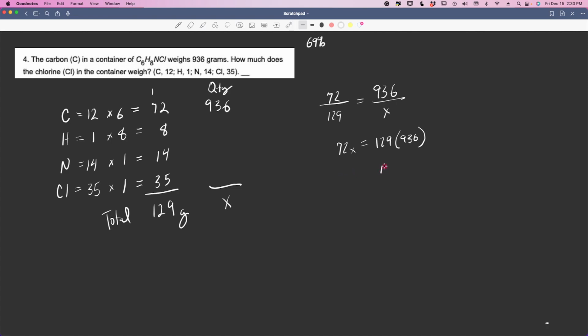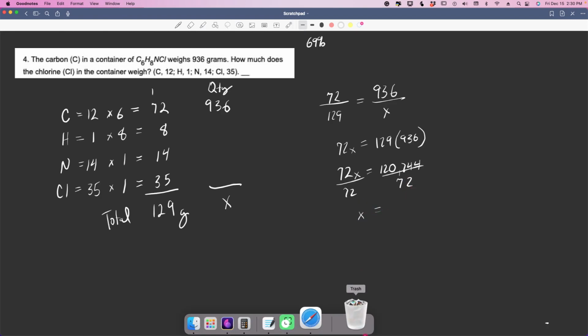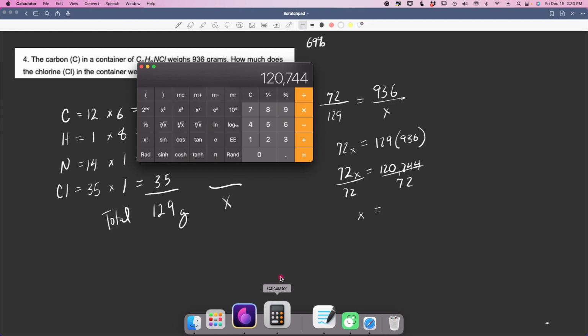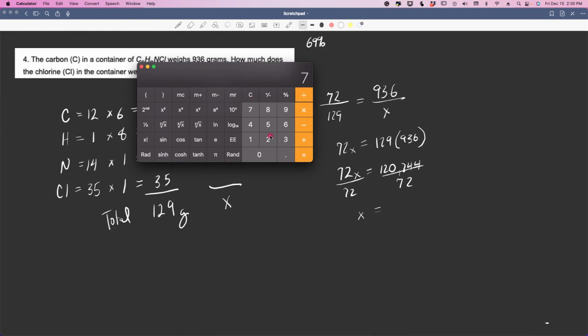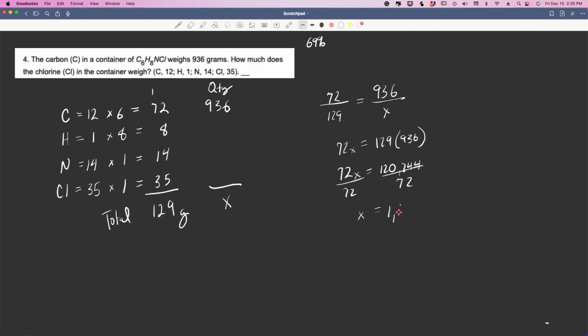So 120,744 is 72x. Divide both sides by 72, and x is equal to 1,677. That's how many grams in this total solution.